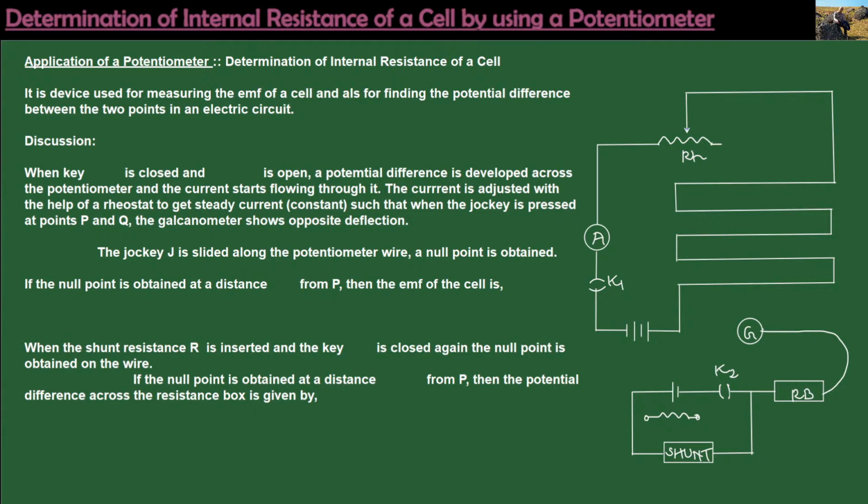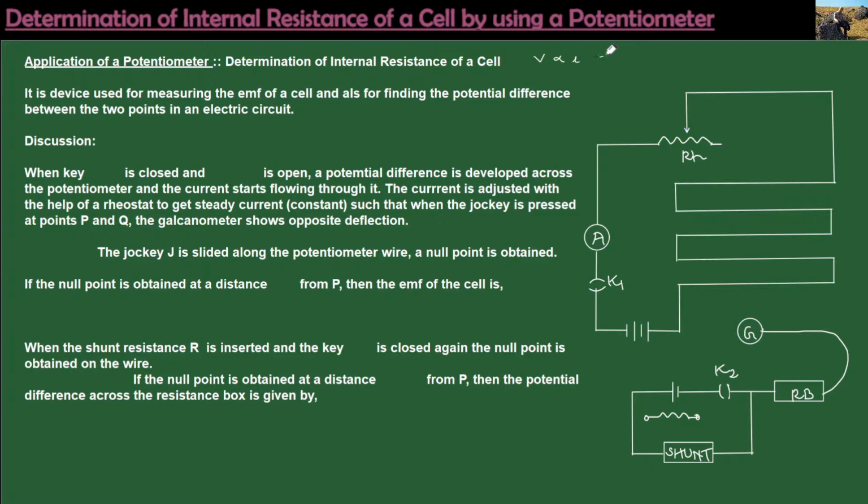Okay. So over here, let us recall, a potentiometer is nothing but a wire having many numbers which is fitted on a wooden board, and also keep in mind that the potentiometer works on the principle that the potential drop on the two ends of the wire is directly proportional to the length.